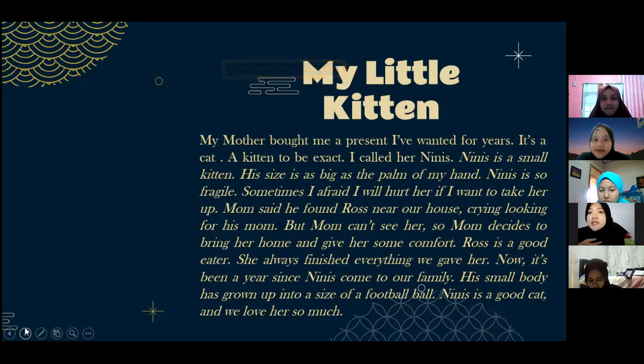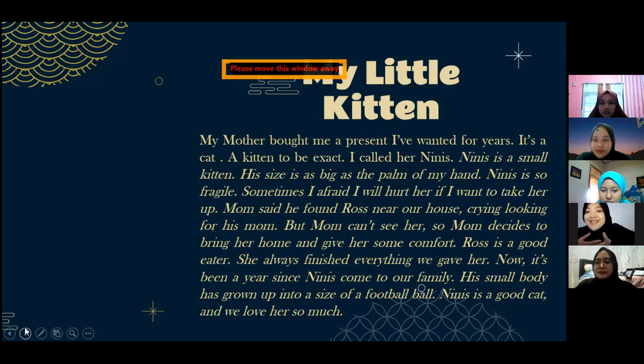So I think this text tells about where the little kitten is from, and who gave it, the reason why this little kitten exists, and then the physical appearance of the kitten, and then the characteristic of this kitten, and there's also the opinion or the feeling of the owner of the kitten. That's all, Miss. Okay, good.